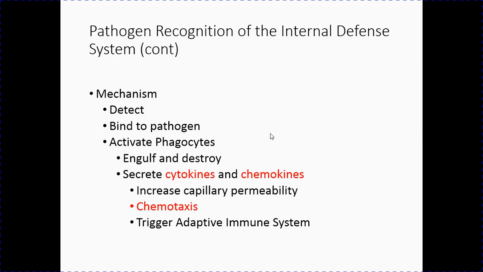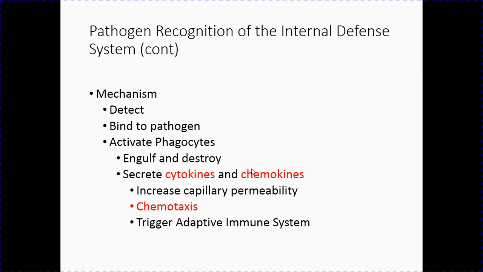So while phagocytes are engulfing and destroying a pathogen, it's going to also start to secrete other chemical messengers saying, hey guys, I found something foreign over here, something that shouldn't be here. I want to call in reinforcements, and I want to look for all of the pathogens here, and we need to destroy all of the pathogens. So that's the purpose of these cytokines and the chemokines.